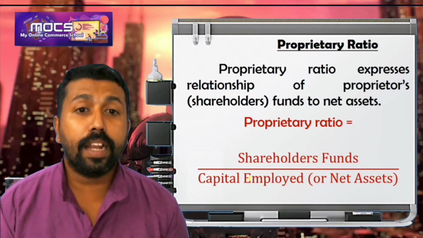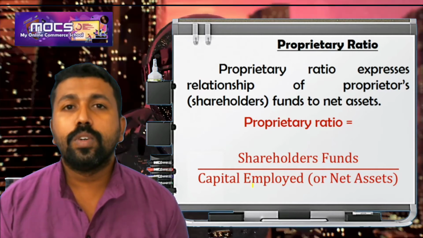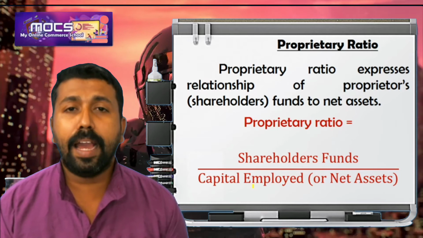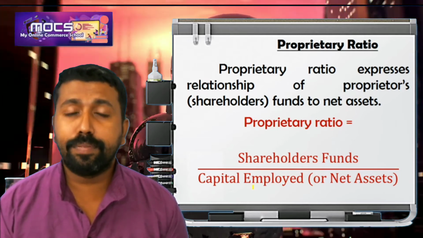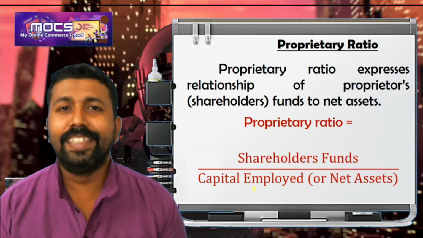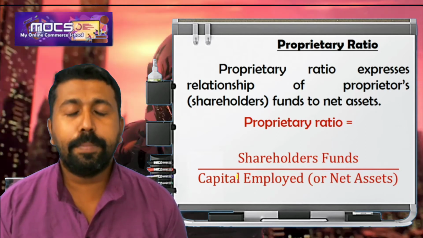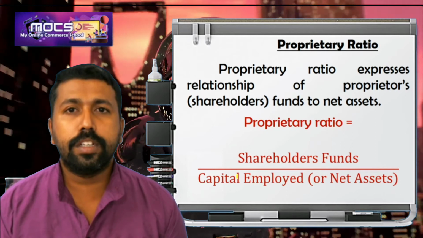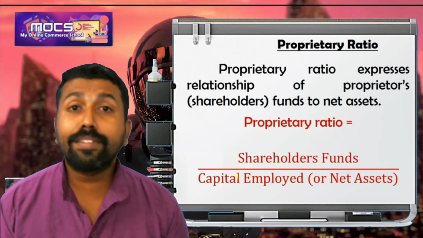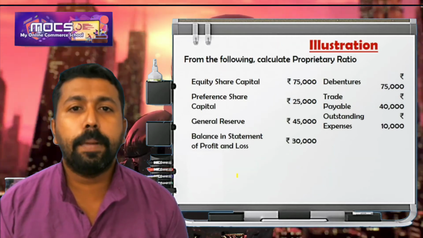The amount of total asset is used to repay the owner's fund. Normally it is happening at the time of winding up of the organization. At that moment, the total asset will be sold to repay the amount of the owner. So let us learn this concept by solving a problem.